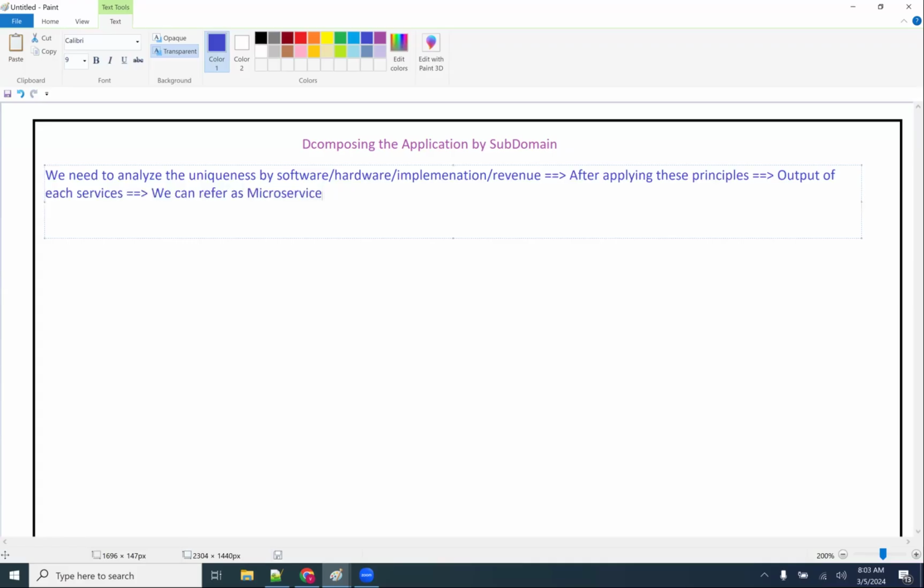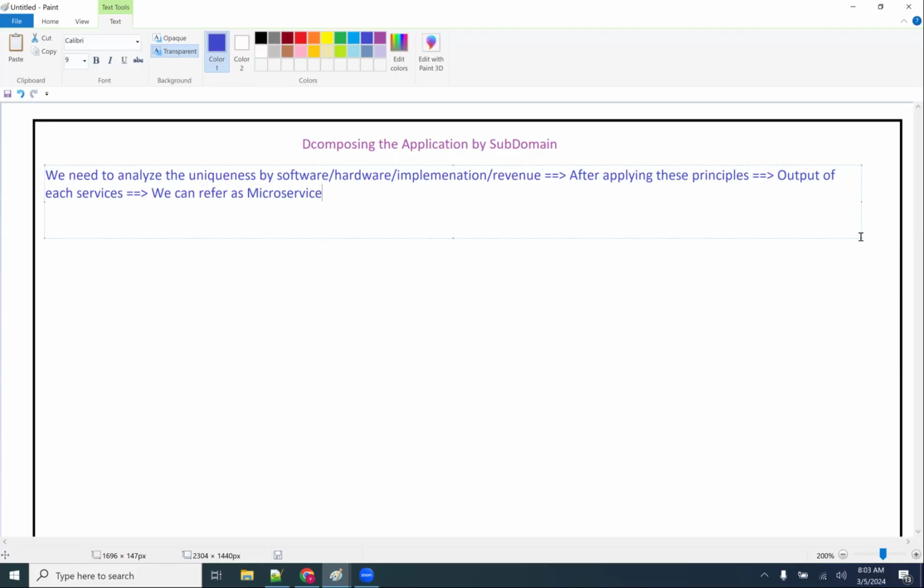So what is the meaning here? When we are decomposing the application, first we decomposed capability-wise. After that, we need to determine the unique capability in terms of software, hardware, implementation, and revenue.